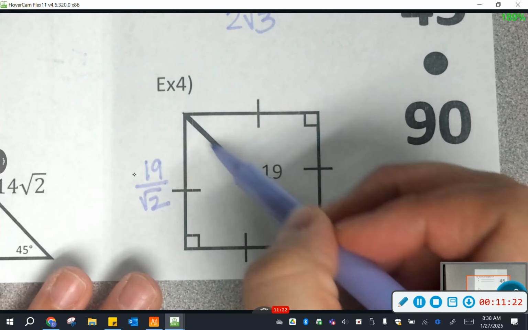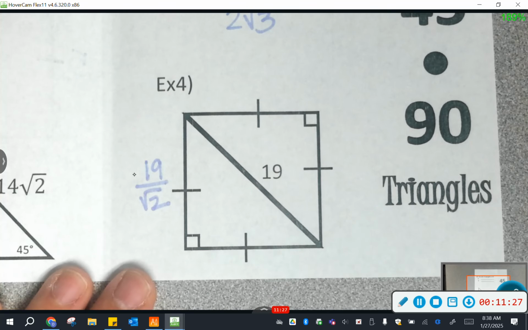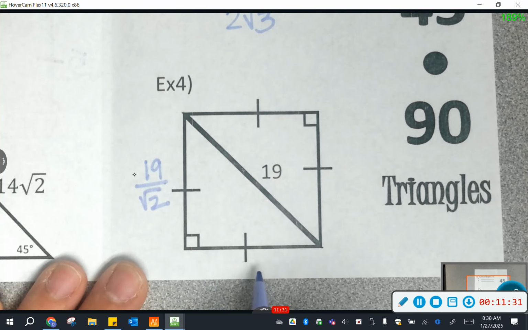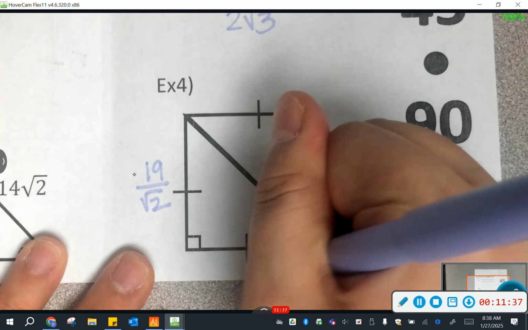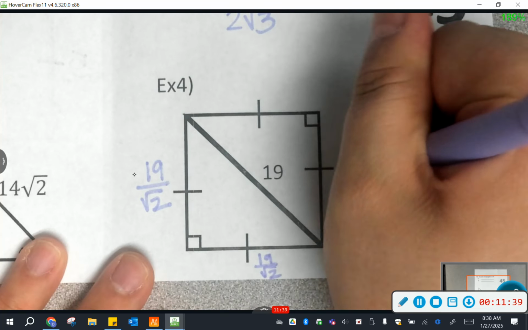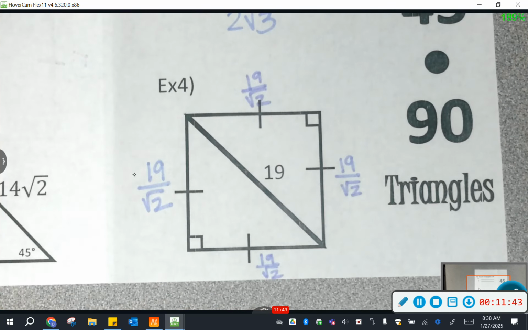If your diagonal is a pretty number, you divide by the square root of 2, and you leave it like that. And if this is 19 divided by square root of 2, what's this? The same thing. All of these are going to be the same. You leave it like that, and on your test, that'll be multiple choice. You don't have to come up with that on your own.